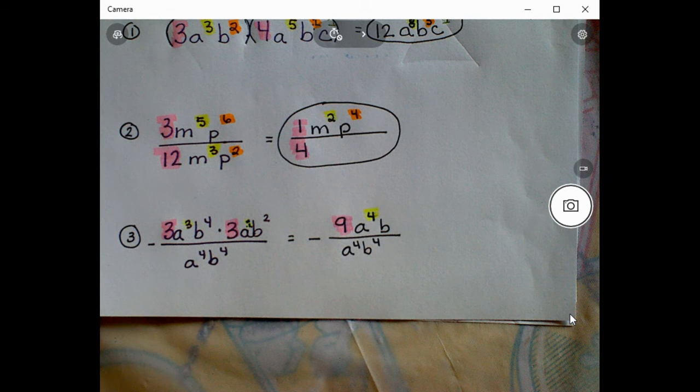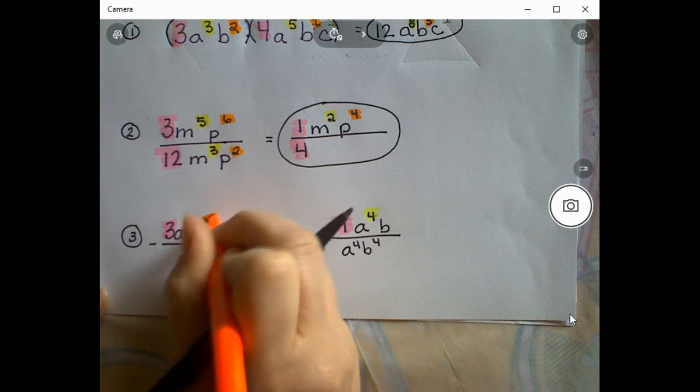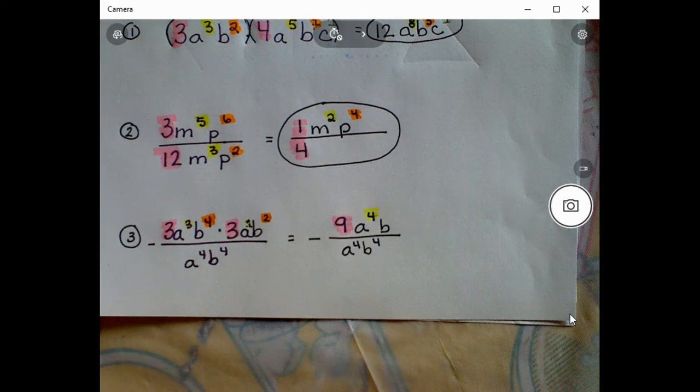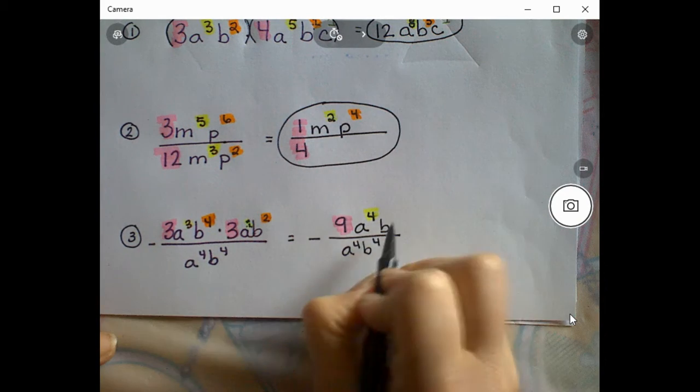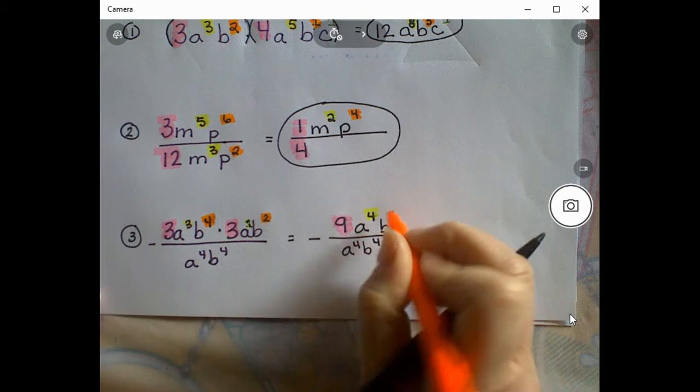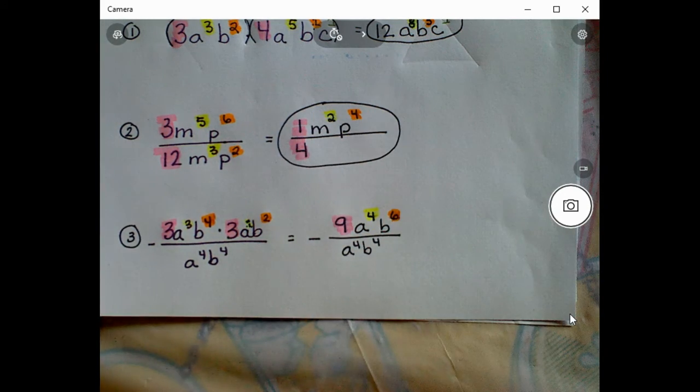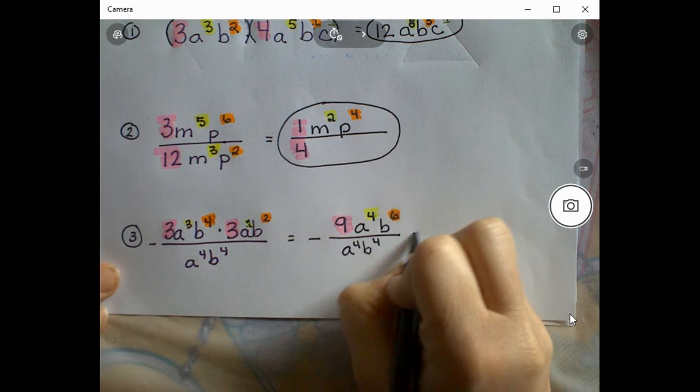We're going to do the same thing for the B's. 4 plus 2 is 6. All right, so step 1 is done. We multiplied and simplified the numerator, and now we're going to do the remainder of the problem.